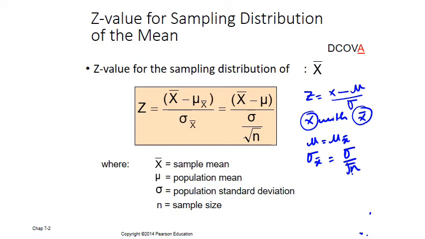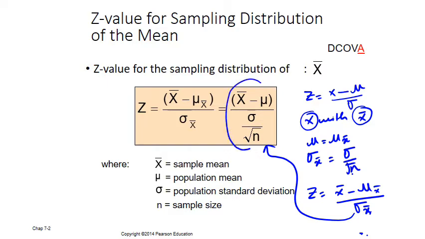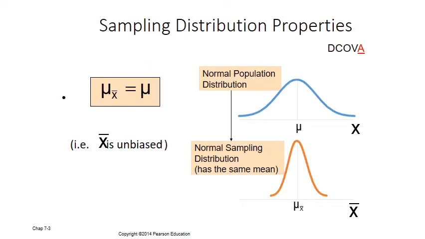If we replace these into this formula, it takes this form: x bar minus mu x bar over sigma x bar, and sigma x bar is equal to this. So now when we deal with x bars, the formula takes this form. As I have already explained in the previous slide, mu x bar is equal to mu.